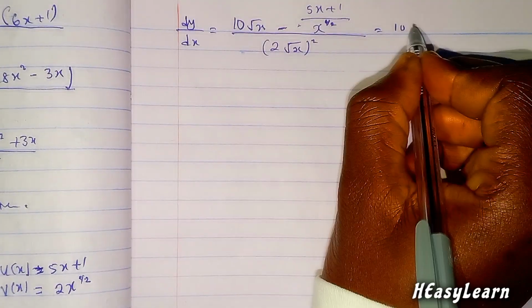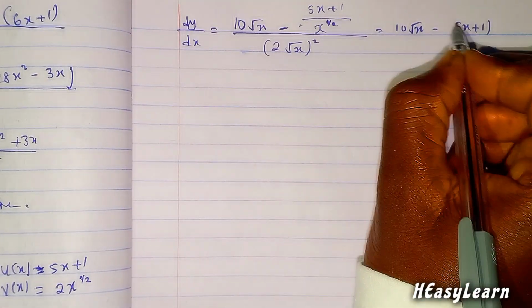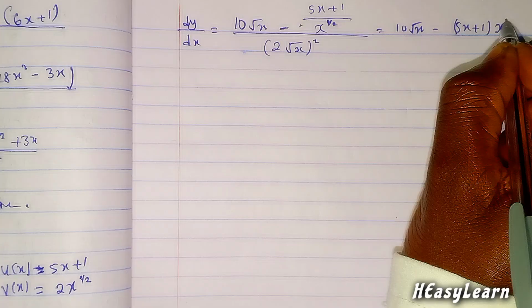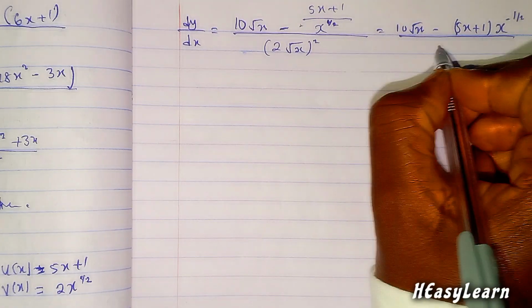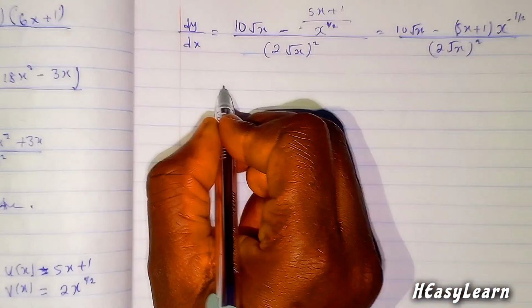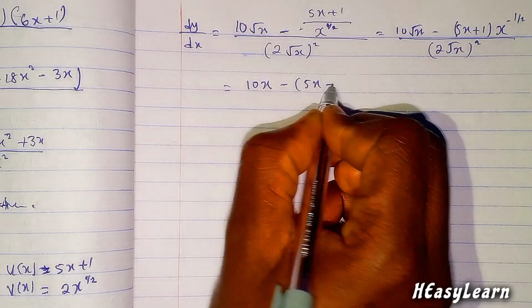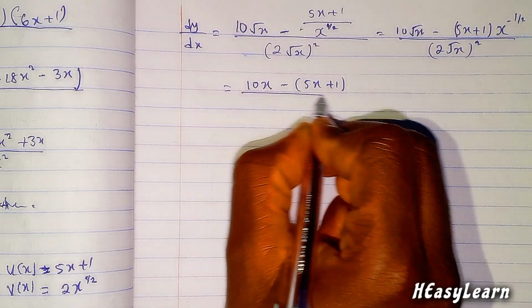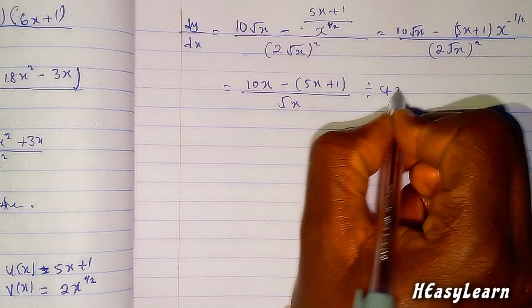This is the same thing as 10 square root of x minus (5x + 1) multiplied by x to the power of minus 1 over 2, divided by 2 square root of x all squared. This is the same thing as 10x minus (5x + 1) divided by square root of x, divided by 4x.